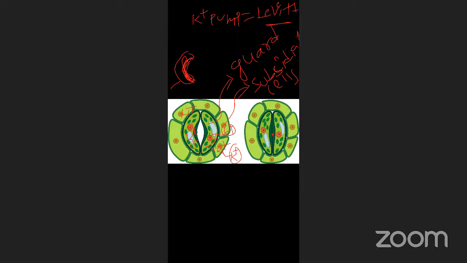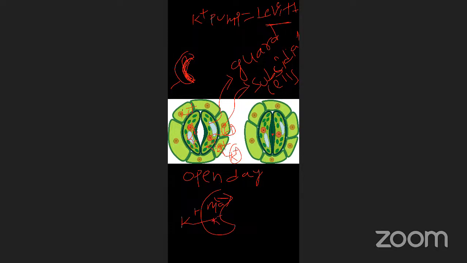Simple. Open stomata, daytime. What happens in daytime? In daytime, malate anion is already present. K plus from the subsidiary cell enters the guard cell.